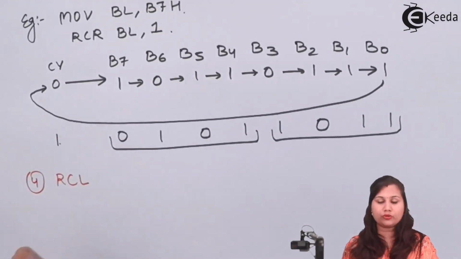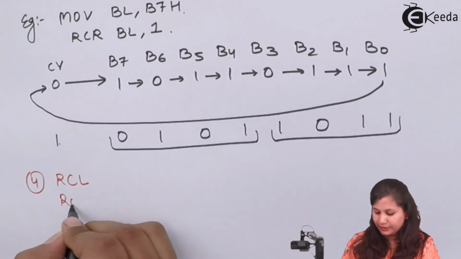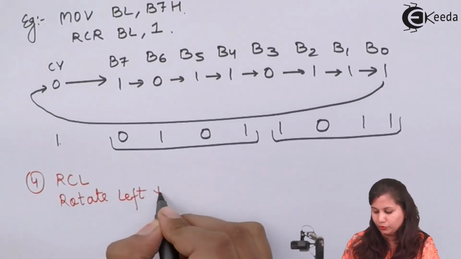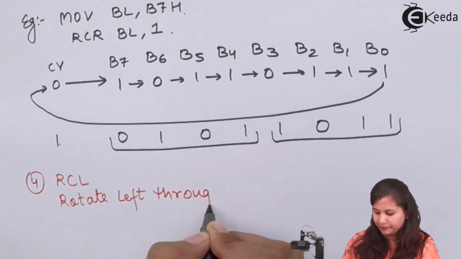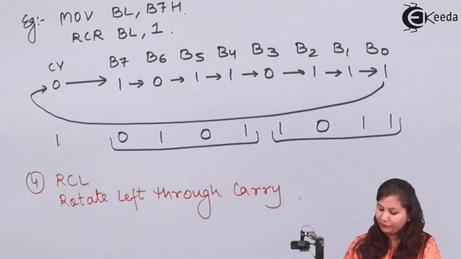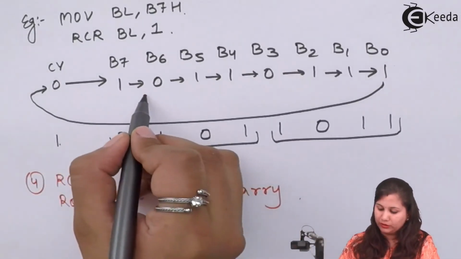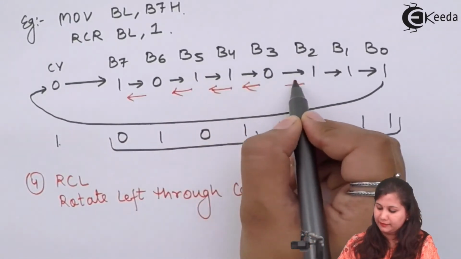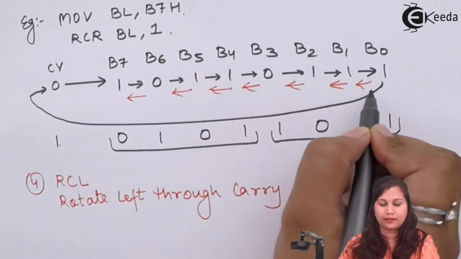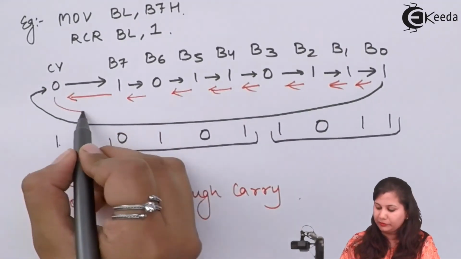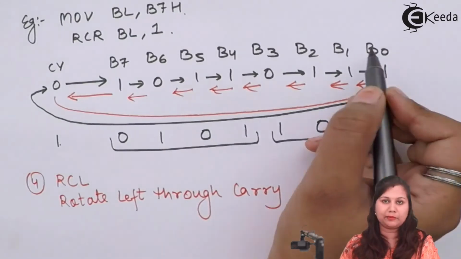So this is going to rotate the contents to the left hand side through carry. So if we take the same example, all the bits, they will be shifted to the left hand side. MSB will be placed in the carry flag and carry flag will be placed in the LSB position.